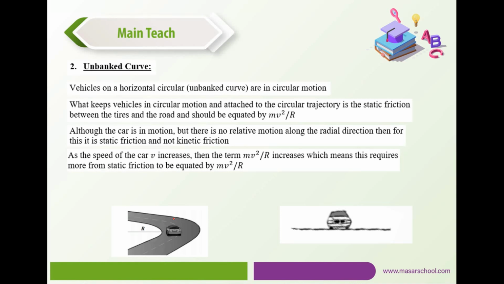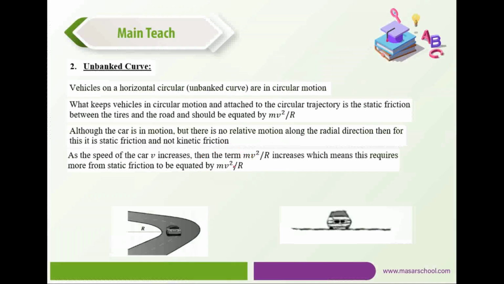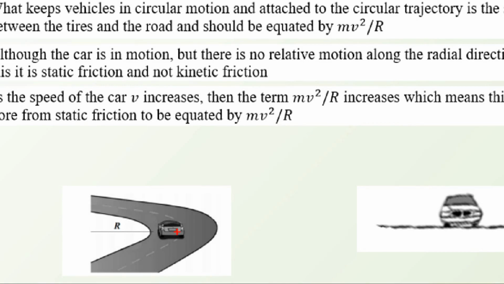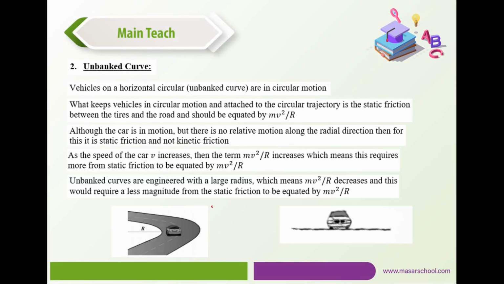This is very similar to what we discussed in the previous video. If the car is moving along a curve and its speed increases, this term mv squared over r increases, which means there should be more static friction in order for the car not to lose contact or slip away from the road. Unbanked curves are engineered with a large radius, which means mv squared over r decreases, and this requires less static friction.